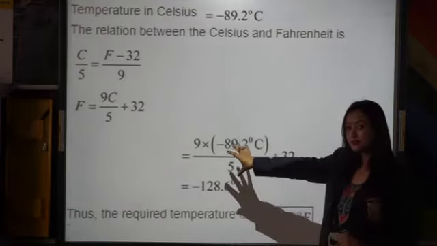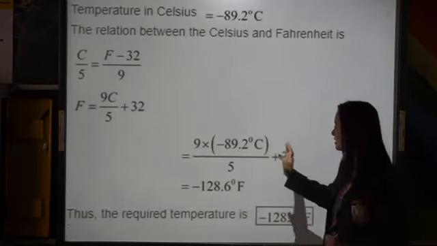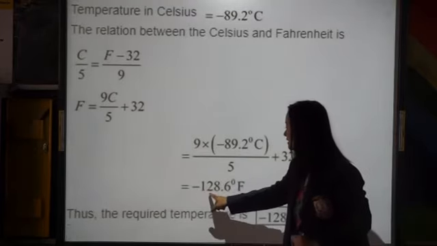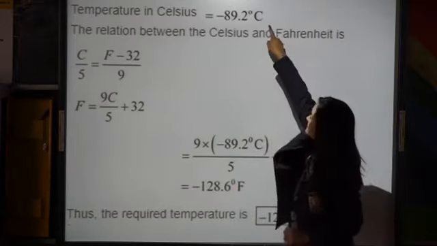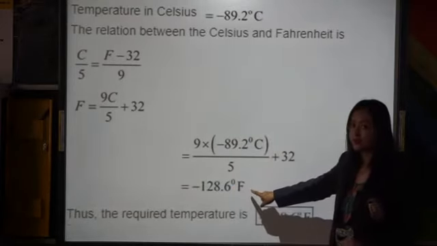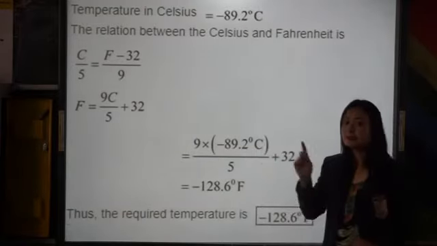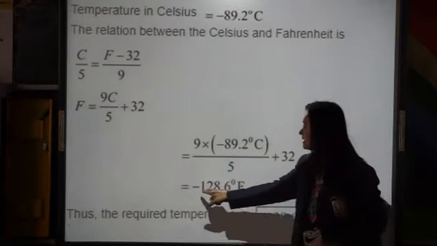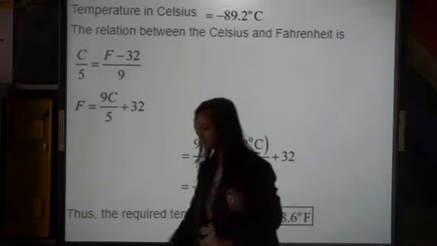Whatever answer you get, add it with 32. So what do you get as the overall answer? Minus 128.6 degrees Fahrenheit. Now, Celsius has been converted to Fahrenheit. So minus 89.2 degrees Celsius in terms of Fahrenheit is minus 128.6 degrees Fahrenheit.